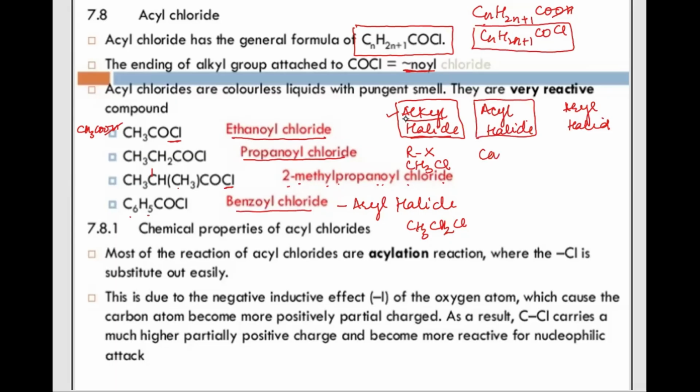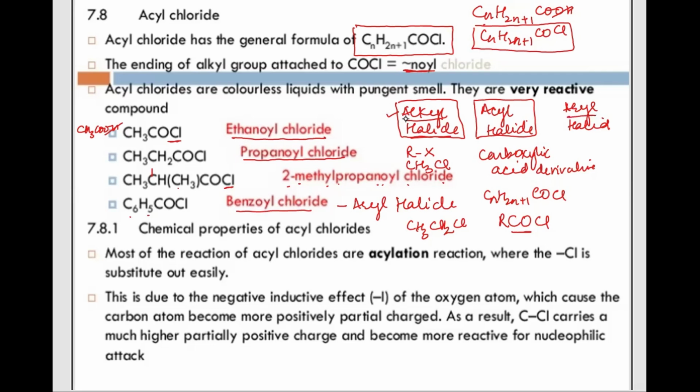These are your carboxylic acid derivatives, right? Where the CO is also there. So we have seen that their general formula is RCOCl, and the CO group, the carbonyl group, is also there.